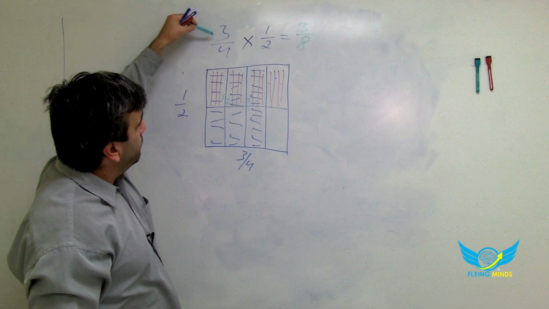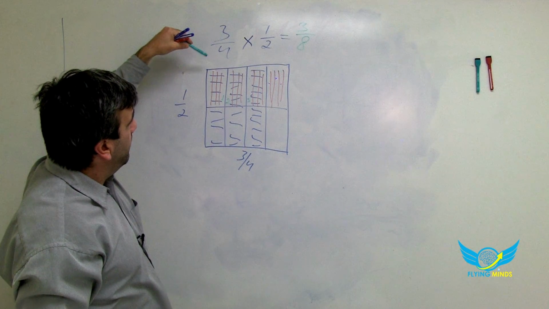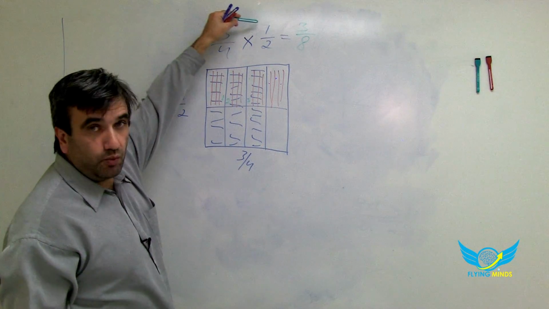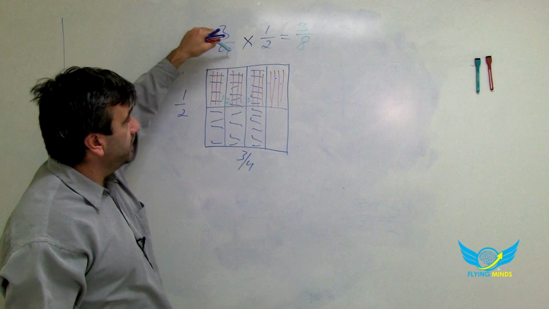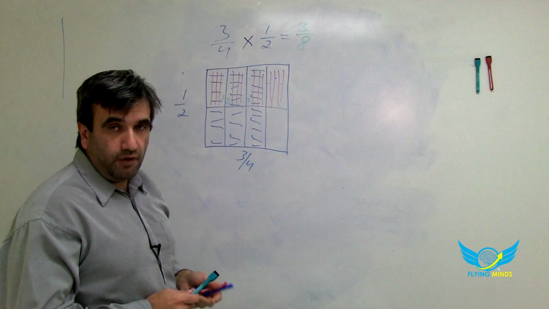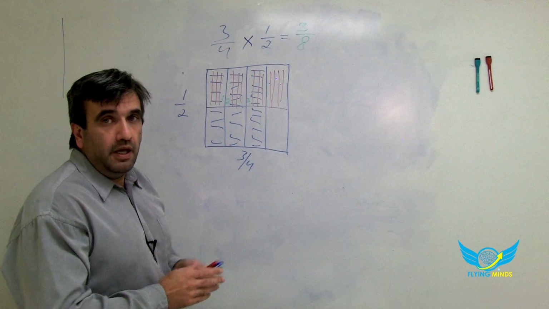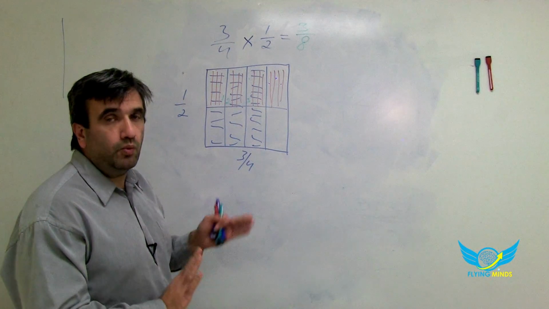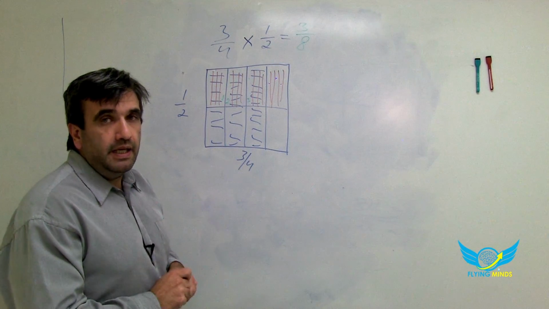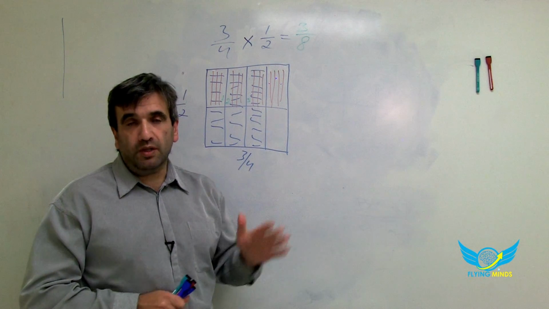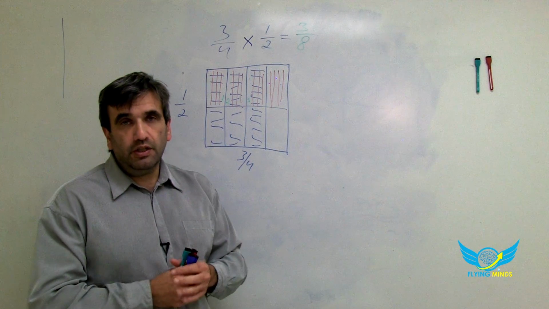So to multiply two fractions, we multiply numerators with numerators and denominators with denominators, and we get our fraction. We covered addition and subtraction. Basically it's the same rule, the same idea for adding or subtracting two fractions.